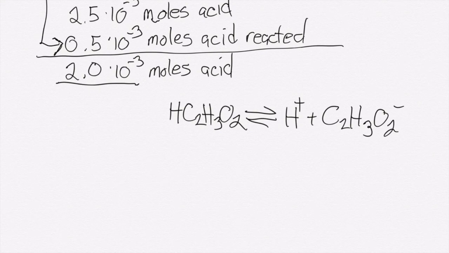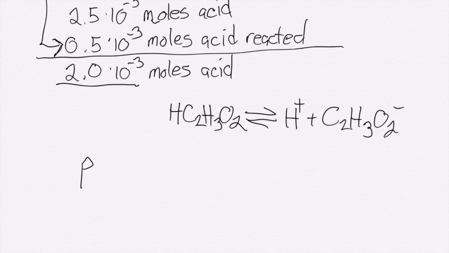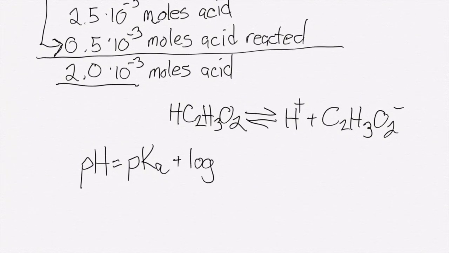The quick and dirty method is based off the Henderson-Hasselbalch equation. It says the pH of a solution is equal to the pKa of the acid plus the log of the ratio of the conjugate base, in this case the acetate, to the acid itself.